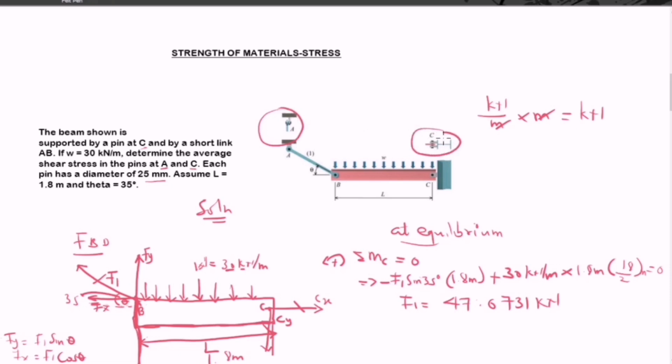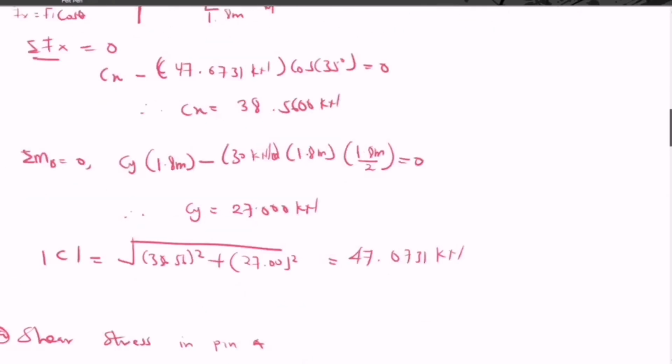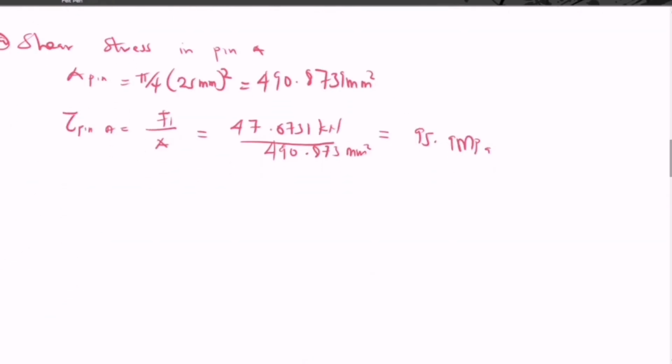Therefore, when you are finding the area, you are going to multiply it by 2 when it is a double pin. So we're finding the average shear stress in pin C. What you need to do is that we also find the cross-sectional area, which was already found because they all have the same diameter.